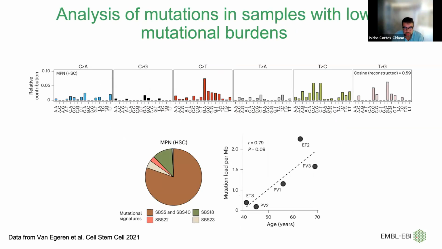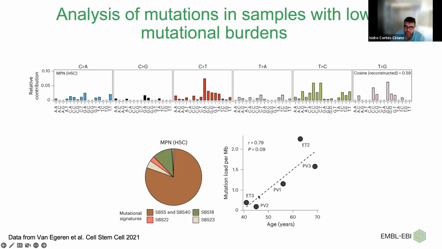So next, we wanted to assess whether SomaticSeq can detect mutations in normal samples, and we started by reanalyzing the dataset from the MPM patients that I presented at the beginning. The mutational signatures that we detected are consistent with the mutational signature analysis that we performed on matched whole genome sequencing data that we had for these patients.